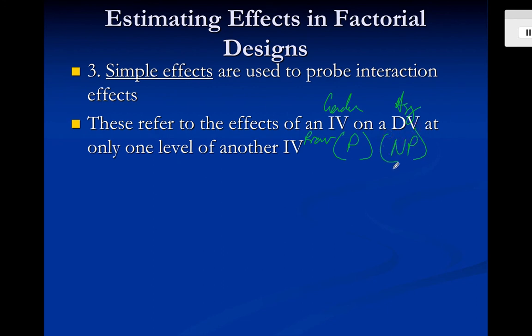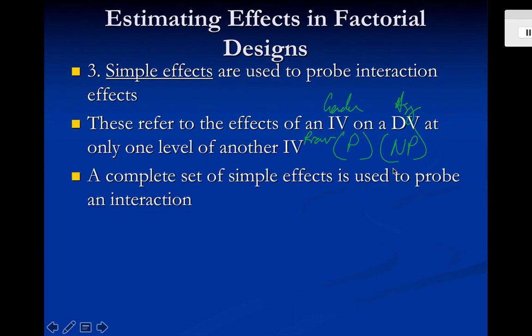Okay? Now, simple effects come in what we call sets. Now, what are sets of simple effects? Sets of simple effects essentially refer to the second IV. Now, how do we actually do this?